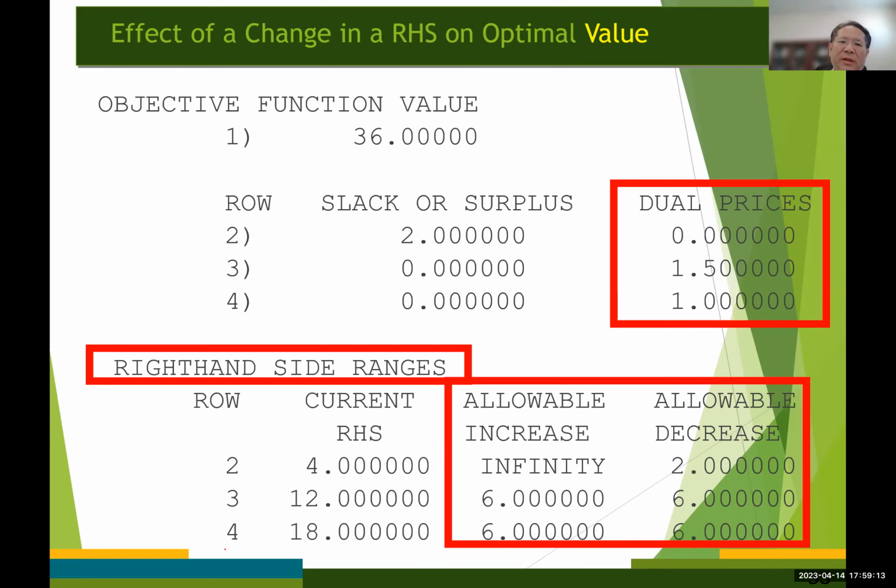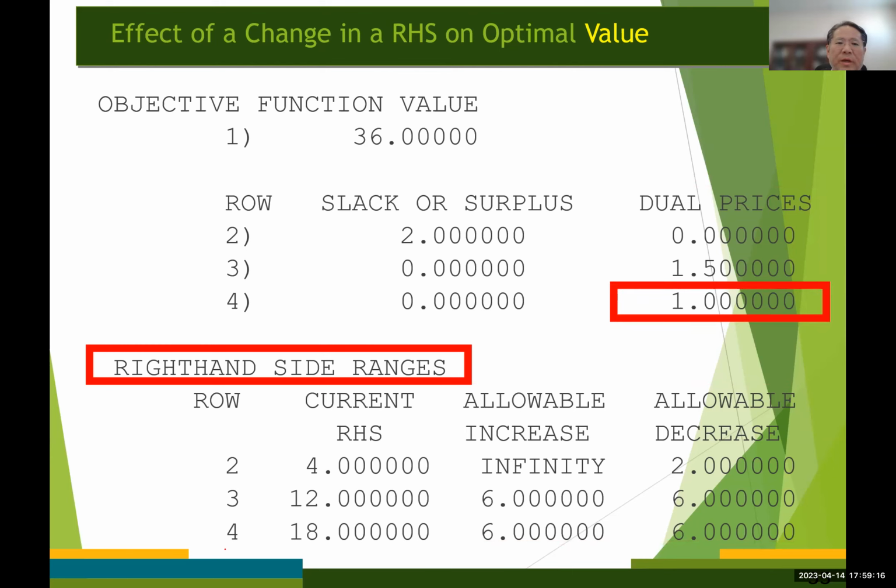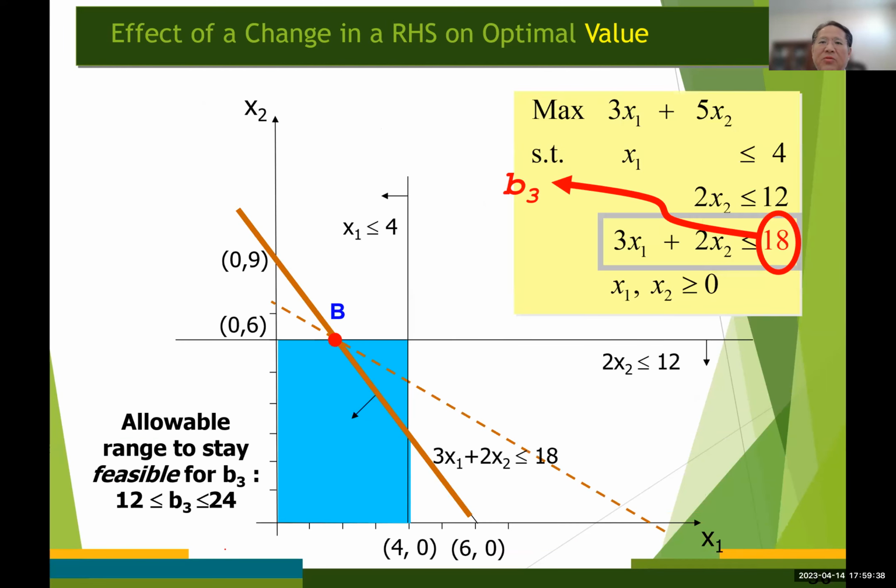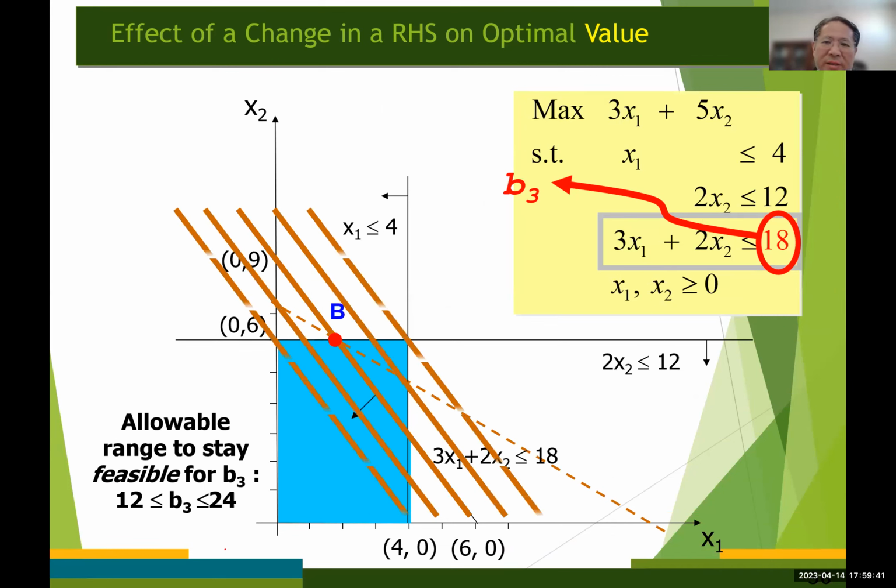So for example, for the dual price of 1 for the last constraint, this value of 1 is valid only if the right-hand side value of the last constraint changes within this allowable range. So graphically, the dual price for the last constraint, third constraint, is valid only within these ranges of the right-hand side values.